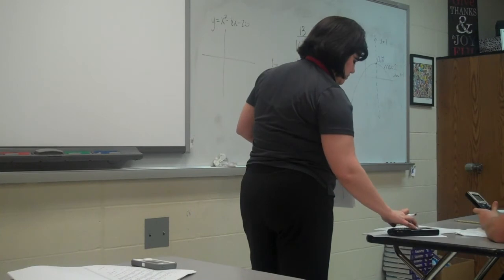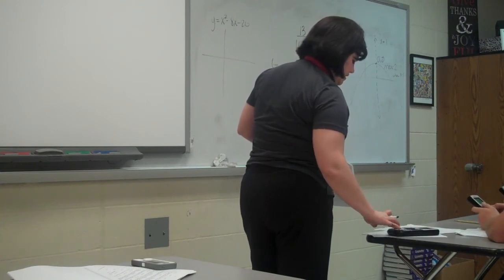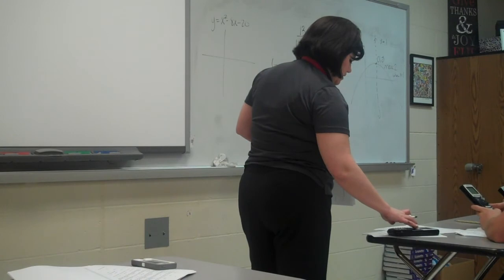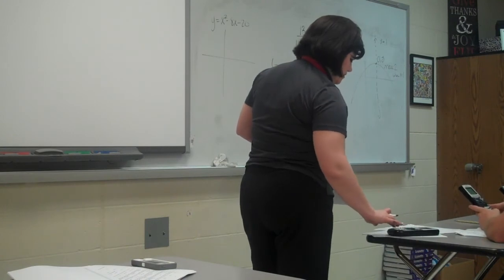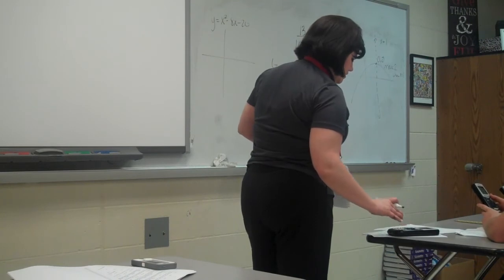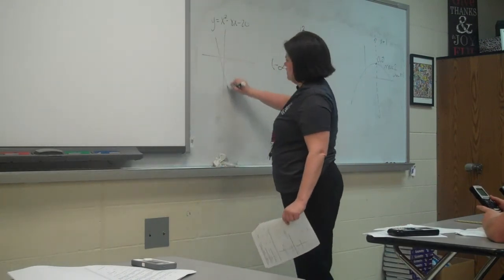And I can't see where it ends, so I'm going to change my window a little bit. My y minimum is negative 10. Maybe I'll try negative 20. Not far enough. Negative 40 maybe. There we go. I get something that looks like this.